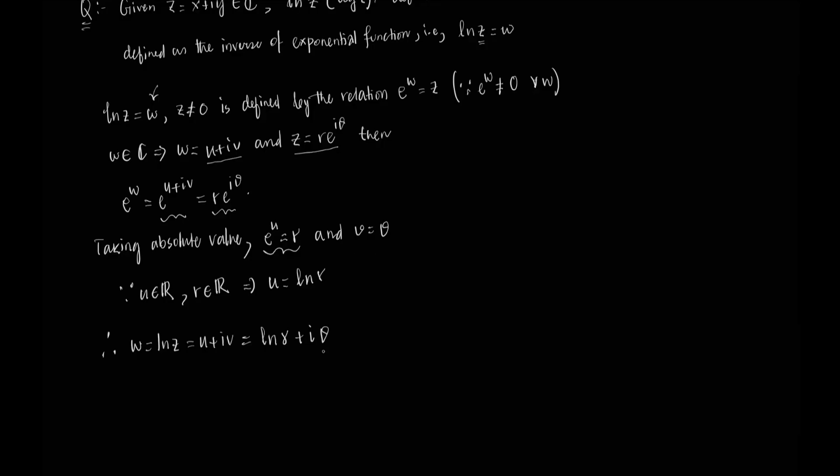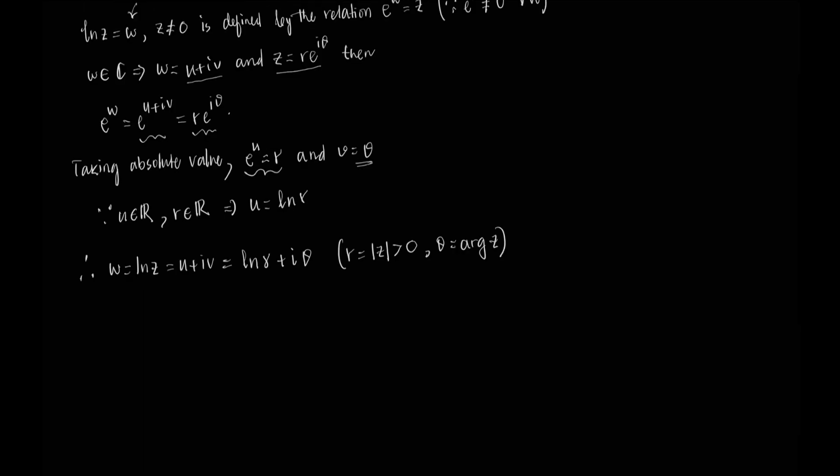Here, r is the absolute value of z, which is always going to be nonzero because z is not 0. This is what we assumed, right? And theta is nothing but the argument of z. Yes, v is nothing but the argument of z.